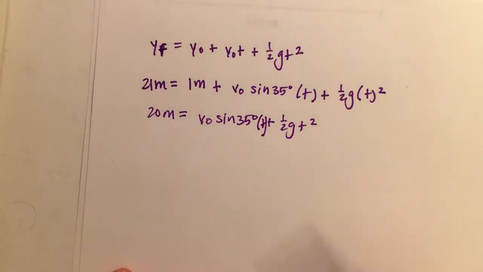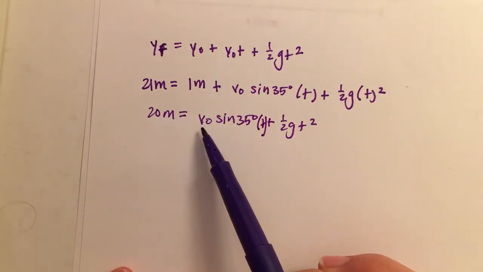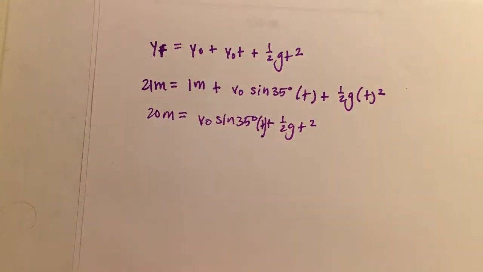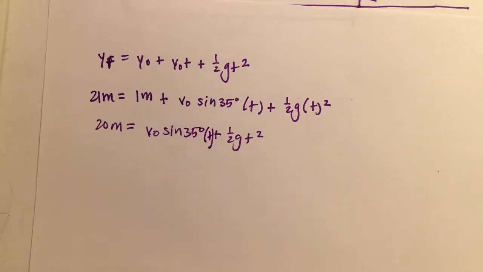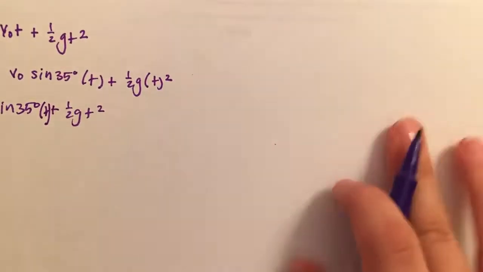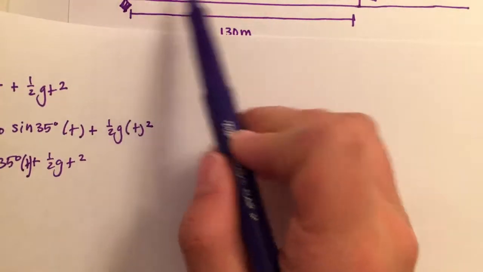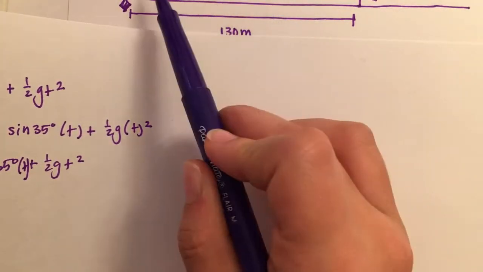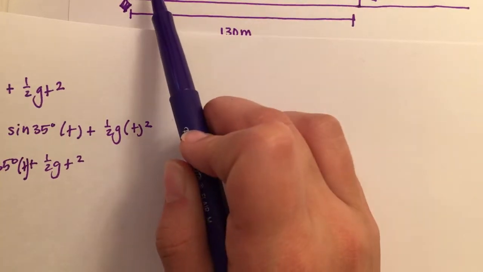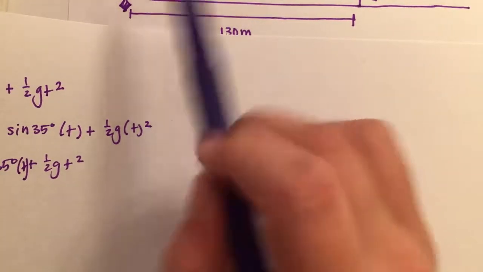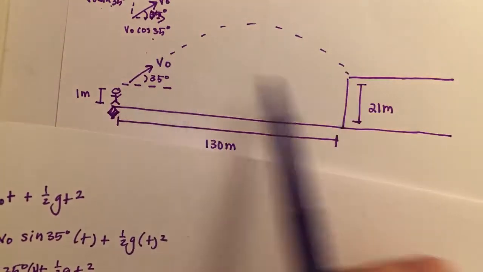So we have two variables here. We're trying to find the velocity initial, but we also have time as a variable. To eliminate time, since we know that there is no air resistance, the x velocity stays the same. There's no acceleration in the x direction.